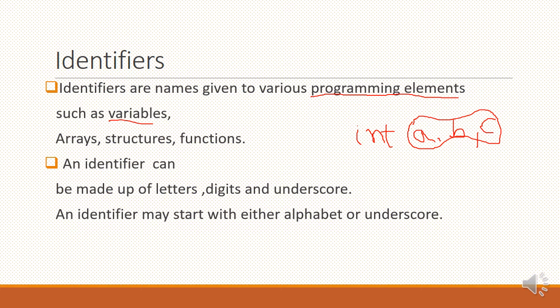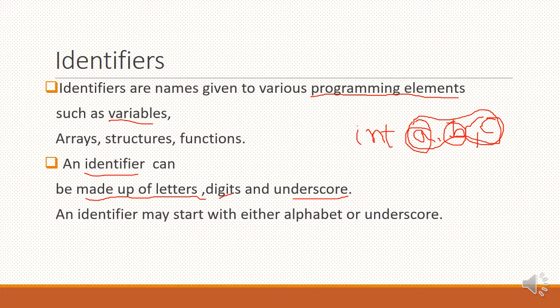And in the second sentence, what an identifier can contain you should know: it is made up of letters, digits and underscore. That means it may be any characters, letters, digits or underscore characters.